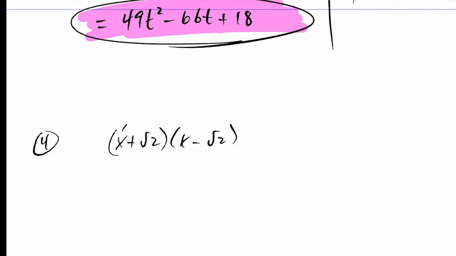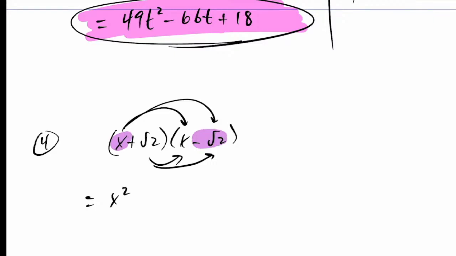So number 4 here, I can answer this one. You're going to distribute. So x times x is x squared. Then x times negative root 2 is negative root 2x. Then root 2 times x is positive root 2x.